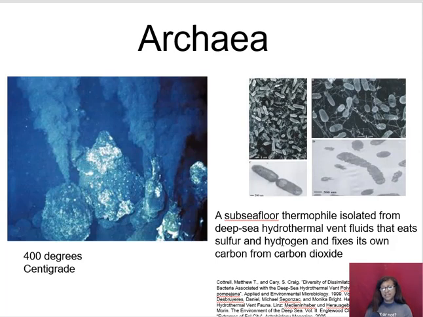So it uses sulfur as fuel, which, again, we thought was something that could not possibly happen. But yet, we have found these extremophiles, and they have their own classification in the prokaryotes as part of Archaea. Okay?